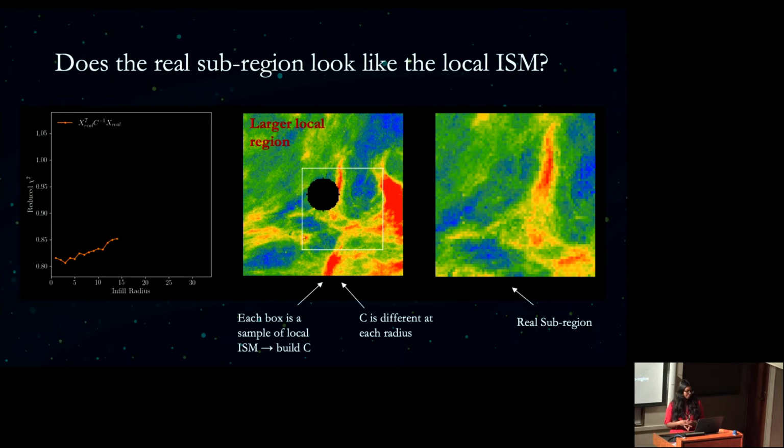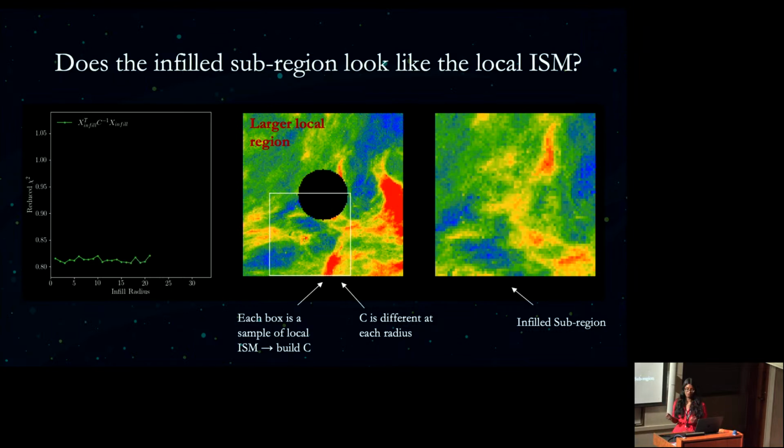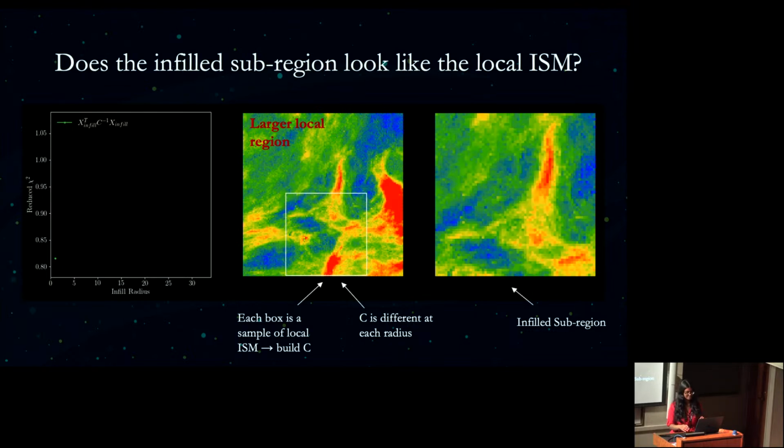And so we track this across infill radius to understand if the real subregion that we're starting off with looks like our local ISM or if it looks different. We also ask the same question for the infilled subregion and wonder if the infill subregion is also capturing the covariances in the local ISM or if it is different.